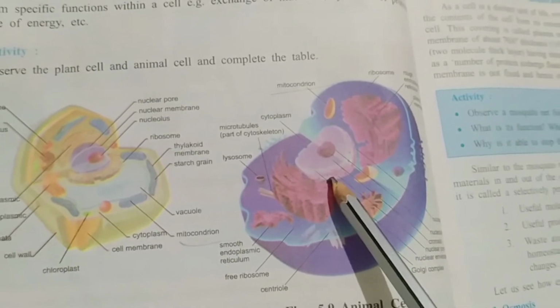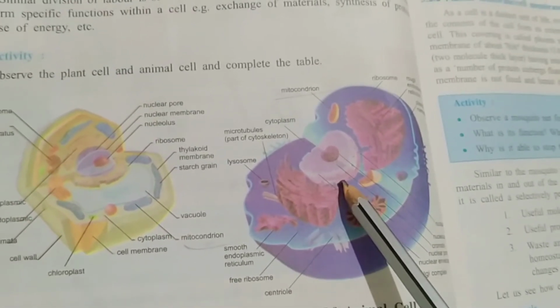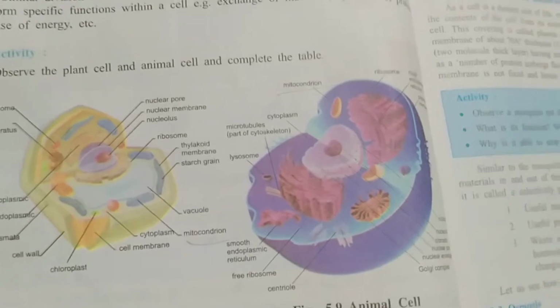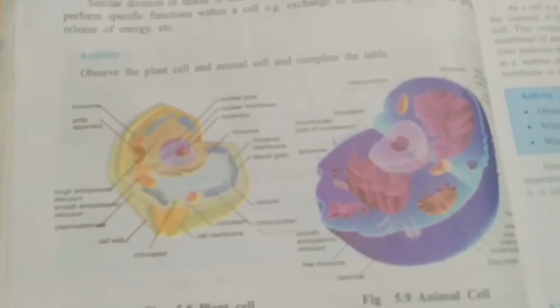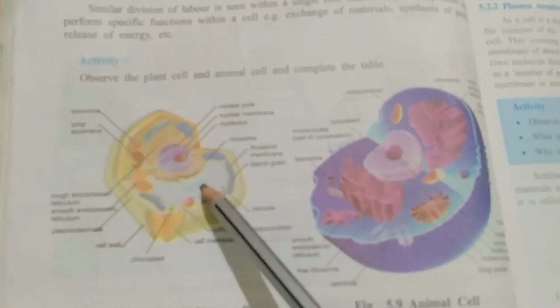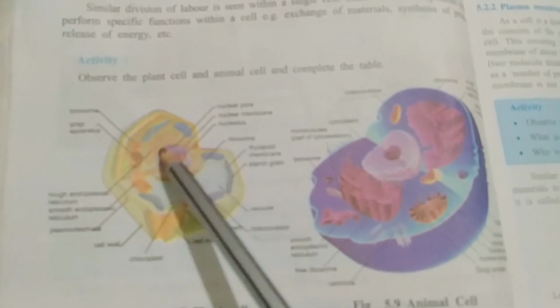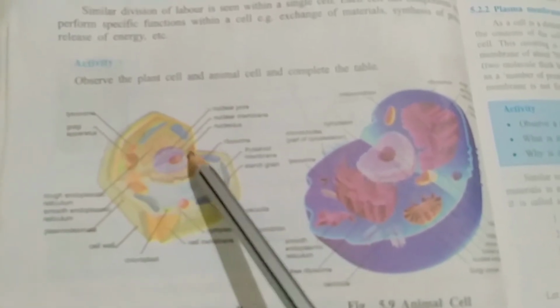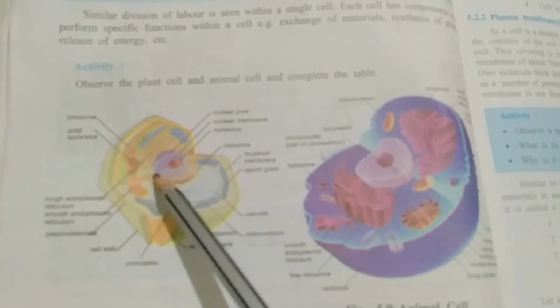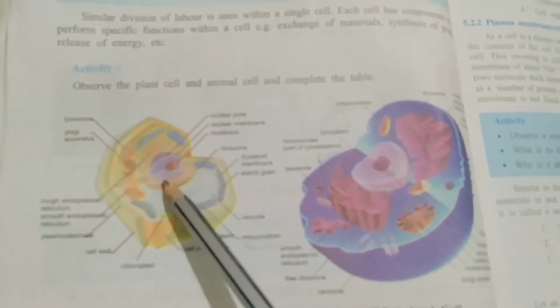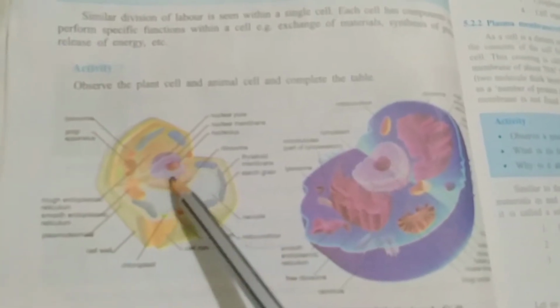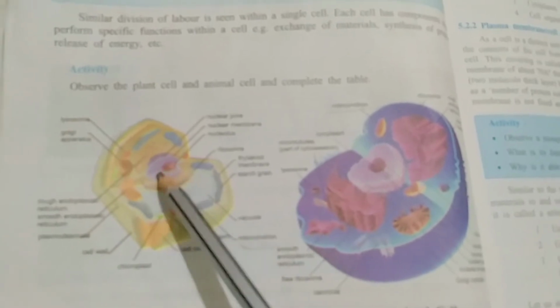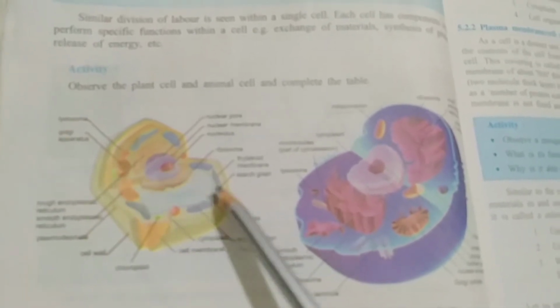Both the cells' center part is the nucleus. The nucleus is enclosed by the nuclear membrane, and inside it are the chromatids and chromosomes.